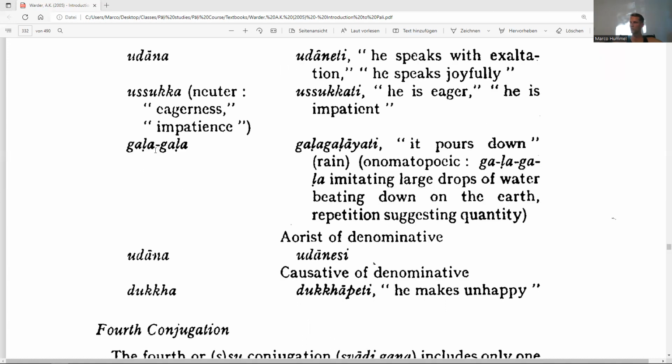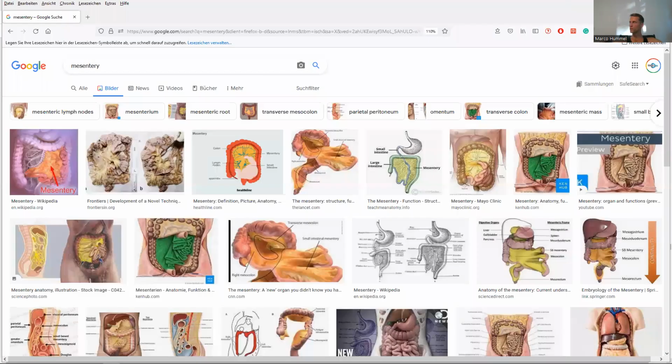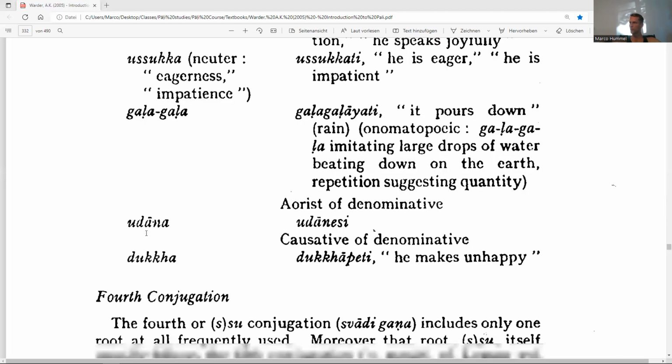Gala gala, this is an onomatopoeic word. So galagalayati, it pours down. The gala gala imitates large drops of water beating down on the earth, repetition suggesting quantity.